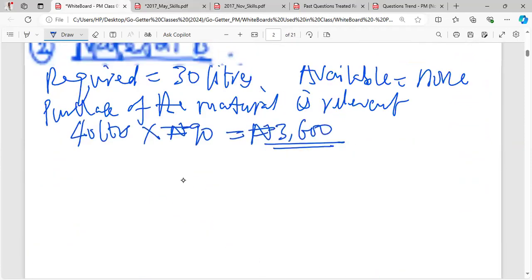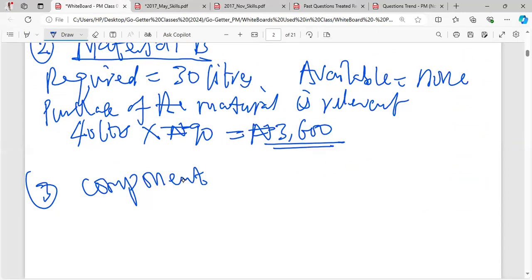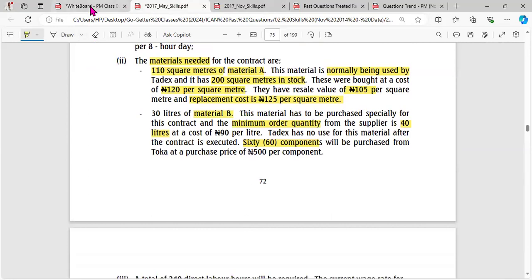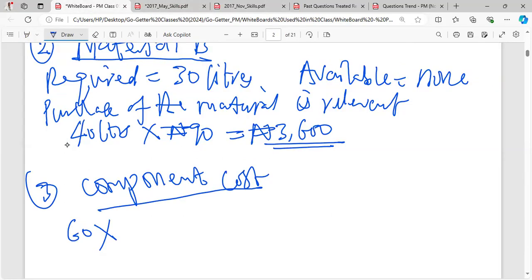So let's go to workings 3. We'll say 3, component costs. They said 60 will need to be purchased at how much? At a price of 500 naira per component. Times 500. 5 times 6 is 30.